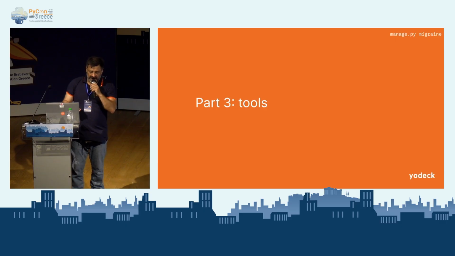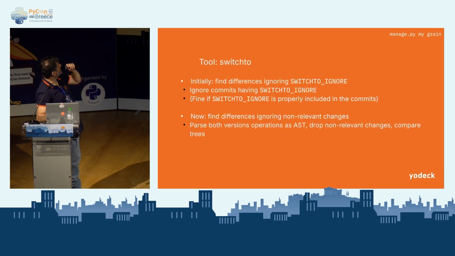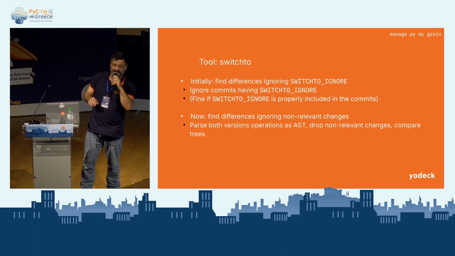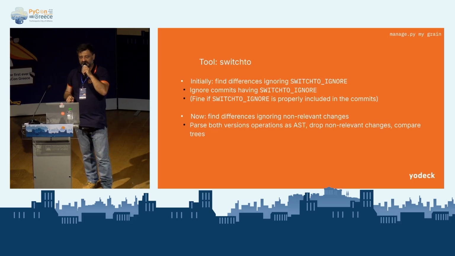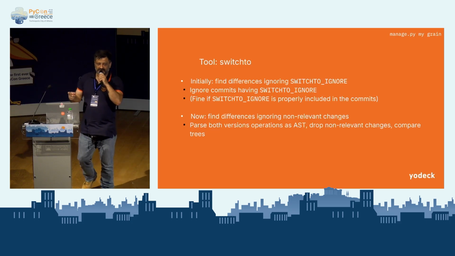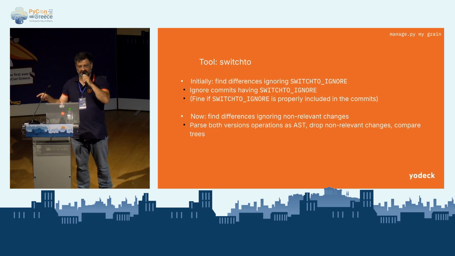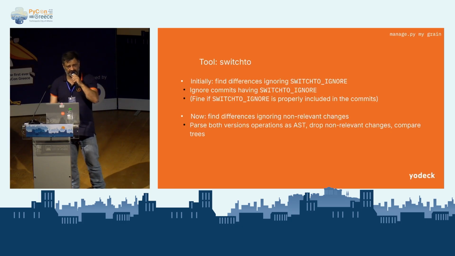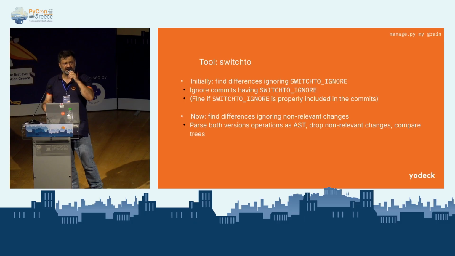So to handle all that going back and forth, we made some tools. One tool is switch to. You're in a branch and you want to move to another branch. So you say switch to the target branch. Well, the first iteration of switch to did something simple.